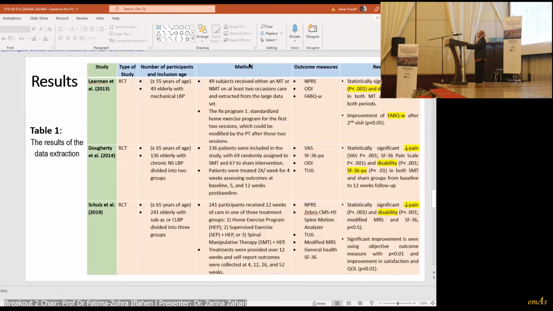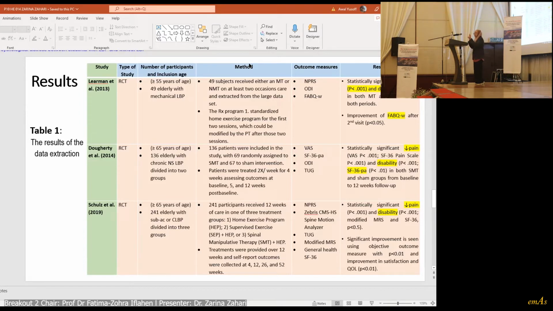The results from these 3 studies: we found that the study by Lemon, 2013, showed reduced pain and disability in both manual therapy and non-manual therapy across the periods of their study. This study also showed improvement in fear avoidance belief in work.